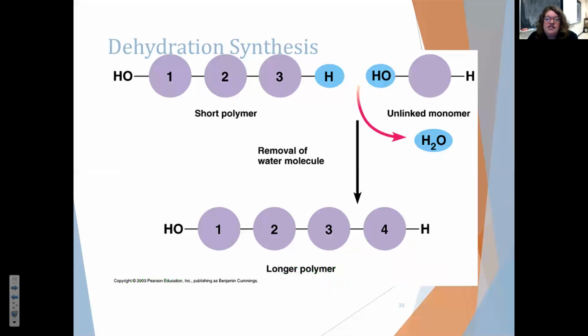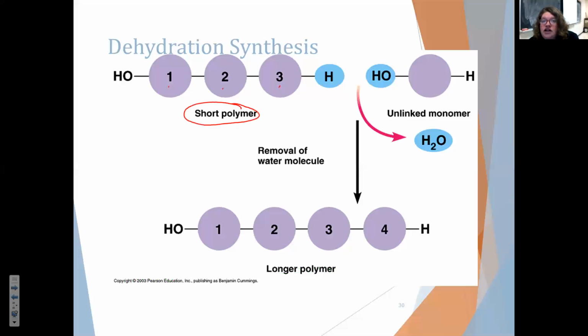And so I like this figure because it doesn't show you any part of the molecule except the part that is important. So we have this short polymer. It has 1, 2, 3 monomers joined together. So it's this short macromolecule. And we're going to grow that macromolecule. We're going to make it bigger and longer, a longer polymer.